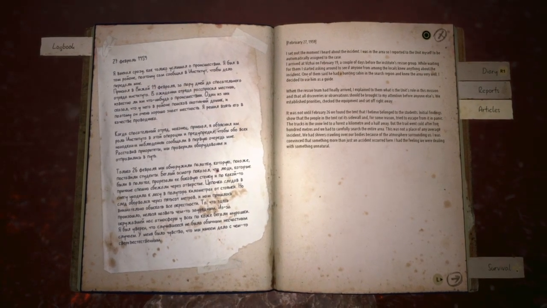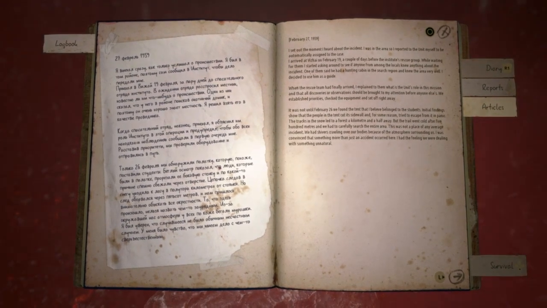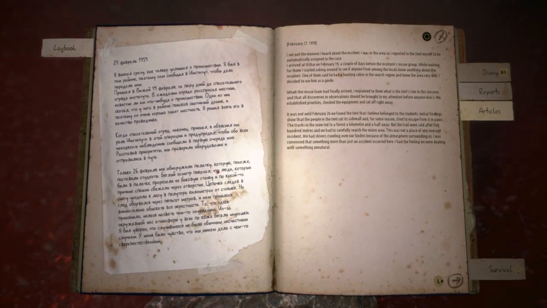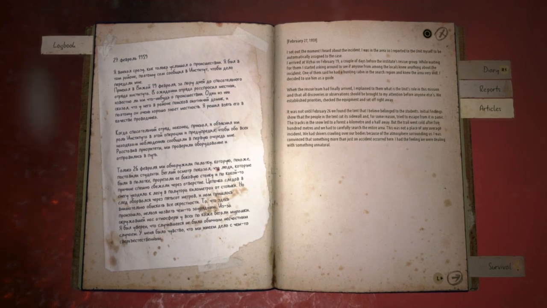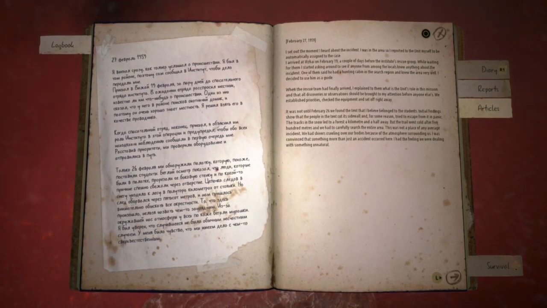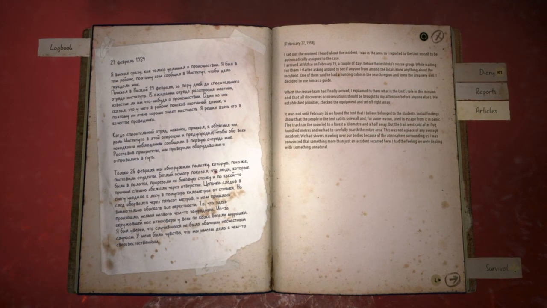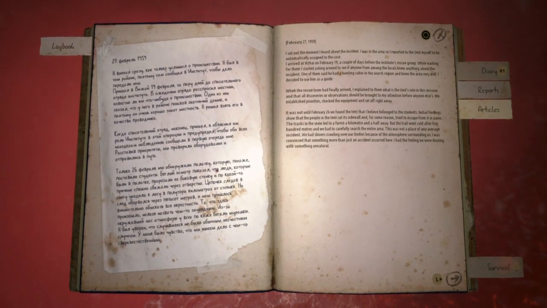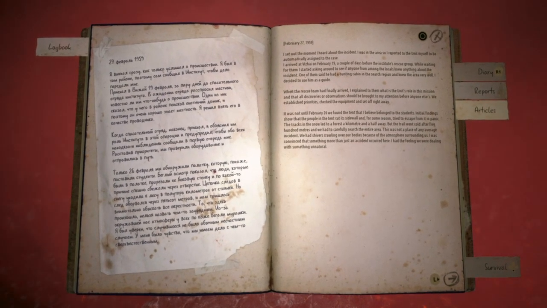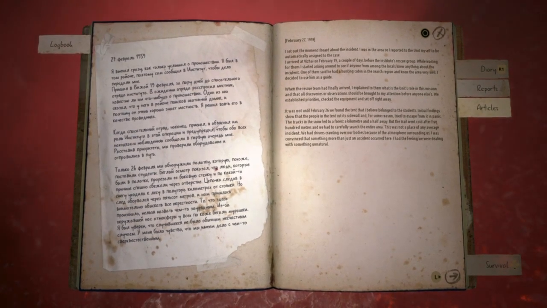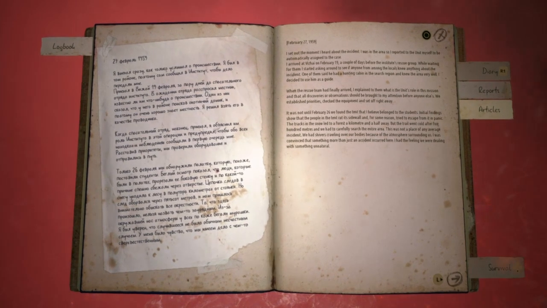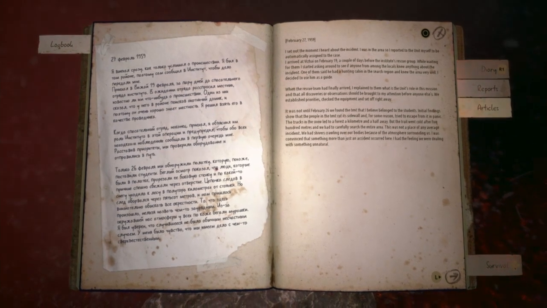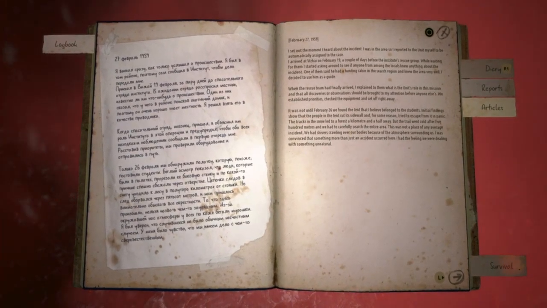We established priorities, checked the equipment and set off right away. It was not until February the 26th we found the tent that I believe belonged to the students. Initial findings show that the people in the tent cut its sidewall and for some reason tried to escape from it in panic. The tracks in the snow led to a forest 1.5 kilometers away. But the trail went cold after 500 meters, and we had to carefully search the entire area. This was not a place of any average incident. We had shivers crawling all over our bodies because of the atmosphere surrounding us. I was convinced that something more than just an accident had occurred here. I had the feeling we were dealing with something unnatural.